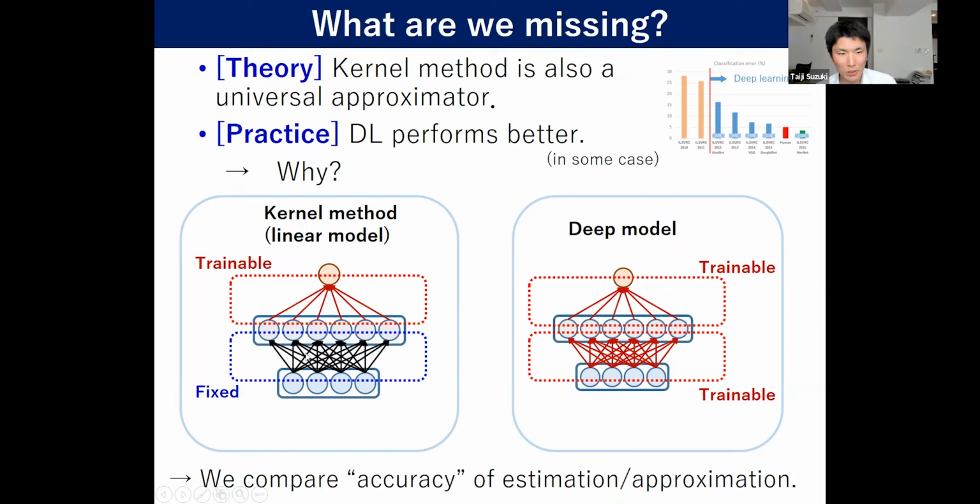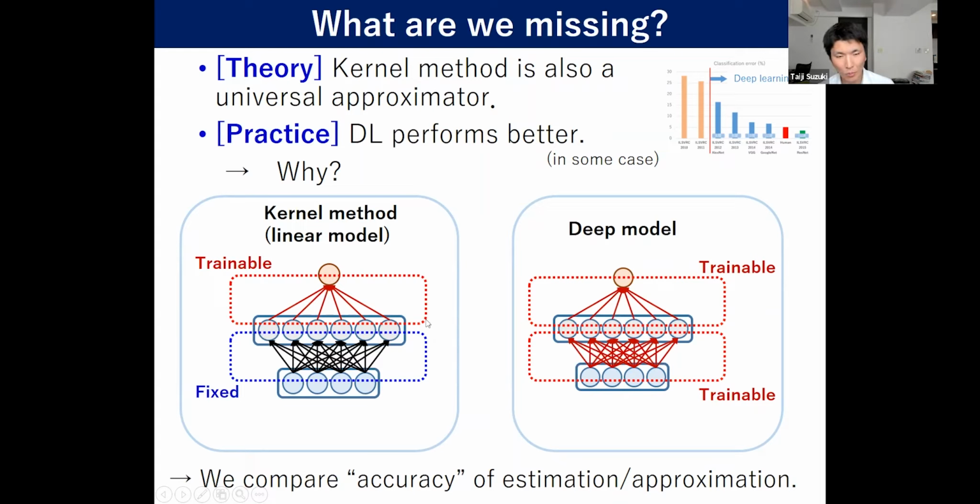Also, in the kernel method, the internal layer can be infinitely wide, so the number of neurons in the internal layer can be infinite. That is an interesting point of the kernel method. But anyway, it is just a two-layer neural network, where the first layer's parameters are fixed. This is the kernel method.